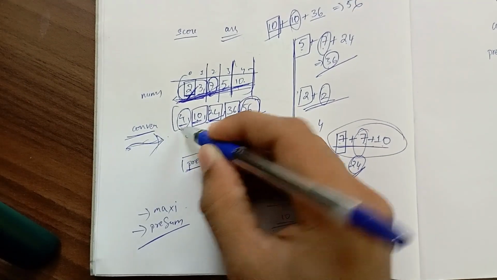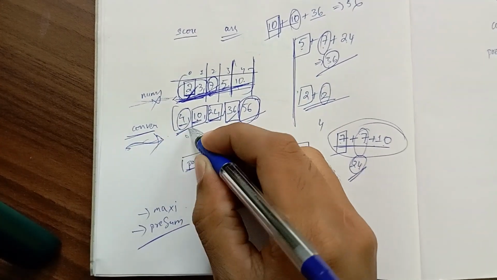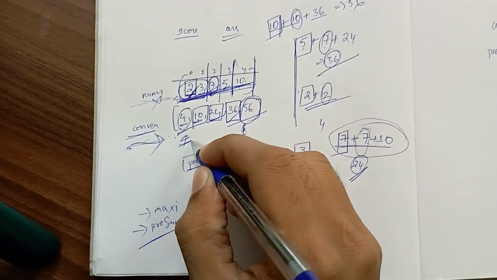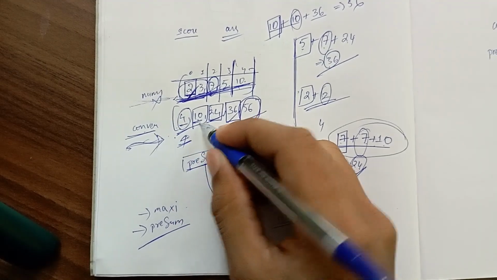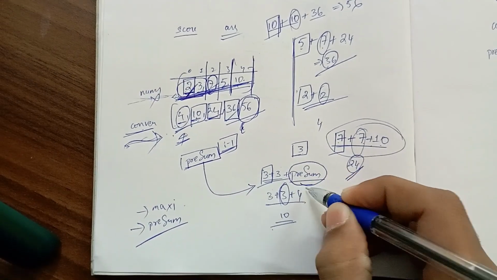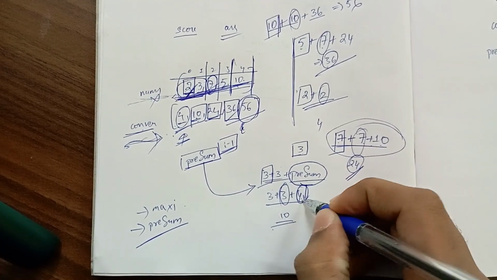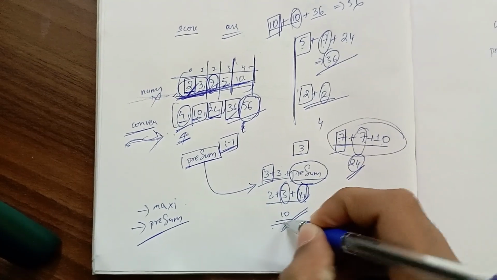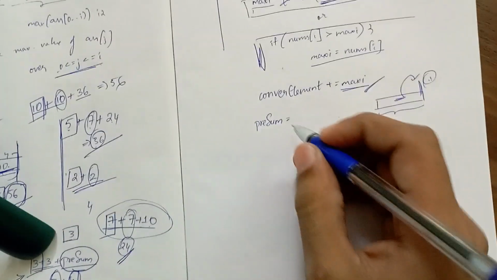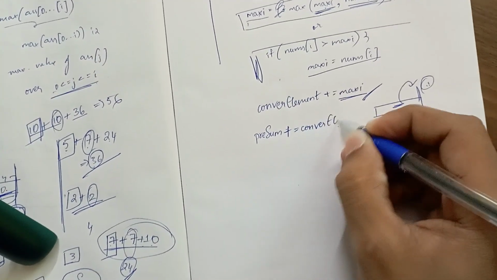Now prefixSum will not consider the nums. 4 will be considered. That means conversion elements will be considered. Now 4 is the prefixSum. And then when we get to 10, this will help us. That means every time we are adding this prefixSum. So as we added it, we get 10, and then this 10 will be our prefixSum for this element. We will understand it. PrefixSum plus is equal to conversion element.